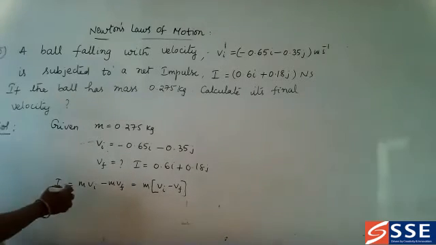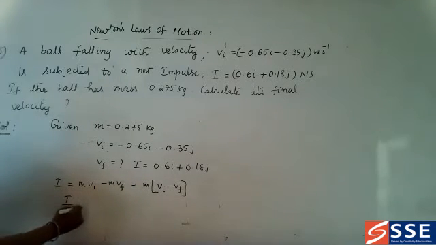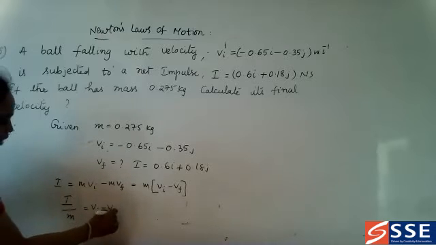So how to calculate I by m? I by m is equal to Vi minus Vf.